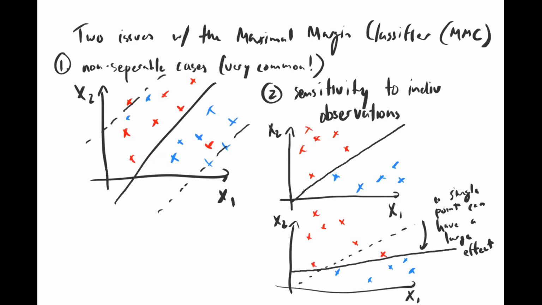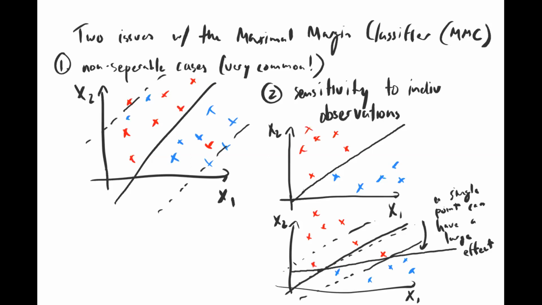Okay, and then it also makes it less sensitive to individual observations, because I could simply have this as a hyperplane still, and then have some larger margin in which to include some points. So it improves the sensitivity to individual observations.